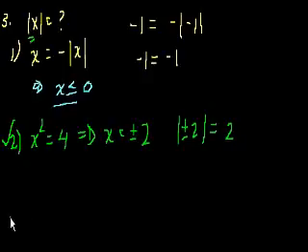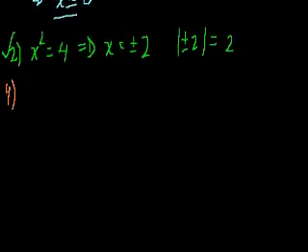Let's see. Problem number, what am I on? Problem number 4. I'll do it in this brownish color. Is R greater than 0.27? Very simple question. Statement 1 tells us that R is greater than 1/4.